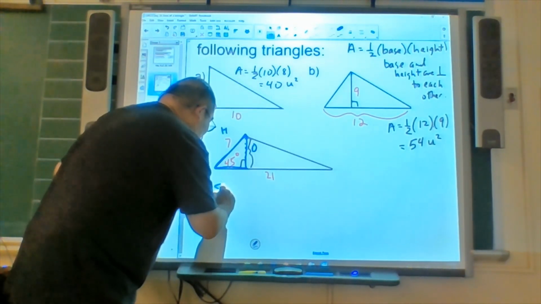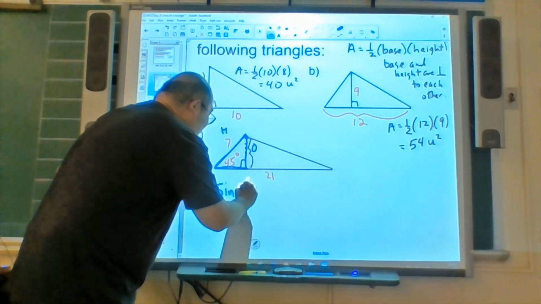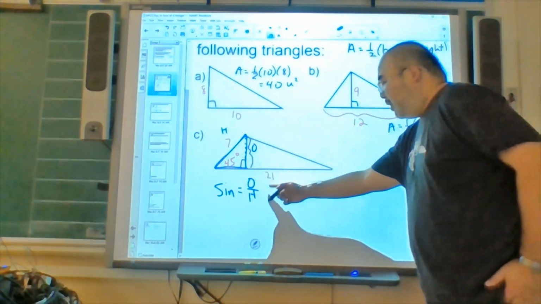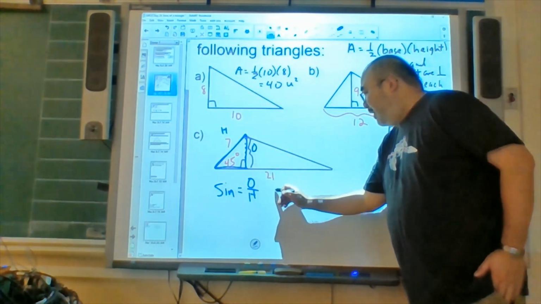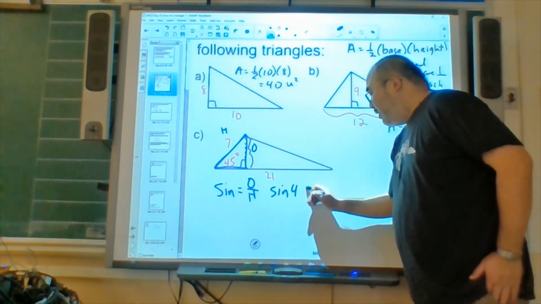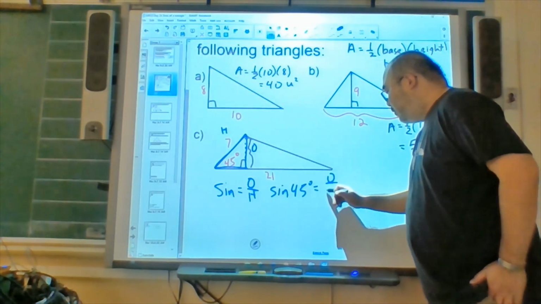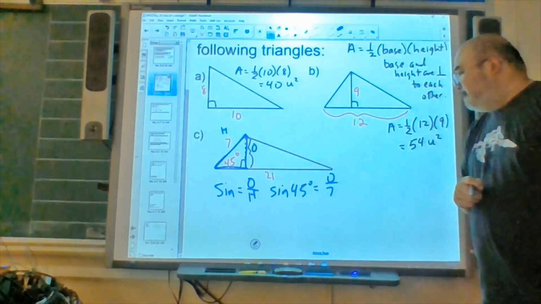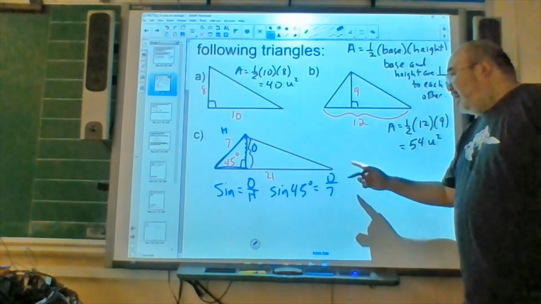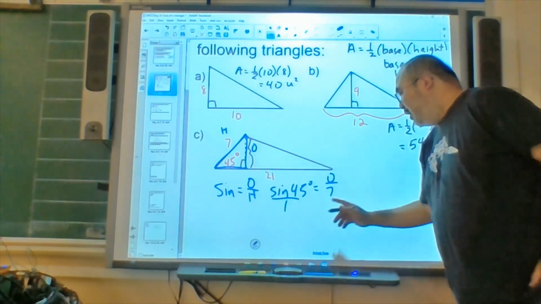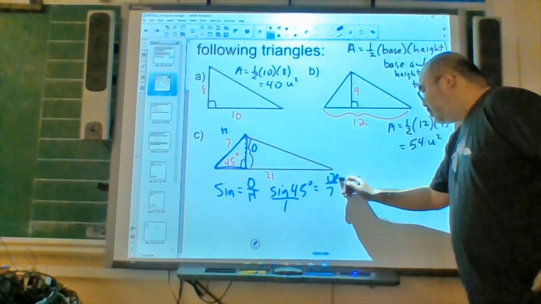The sine ratio, in case we have forgotten, is the leg opposite over the hypotenuse. So we have the sine of 45 degrees is equal to the leg opposite over 7. The leg opposite is going to be our height, so we now cross multiply and get the leg opposite.